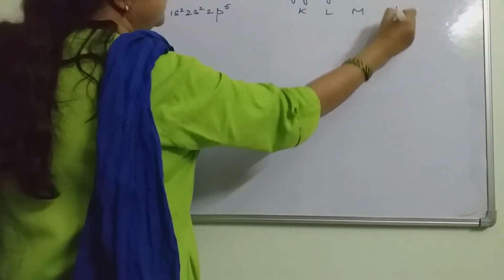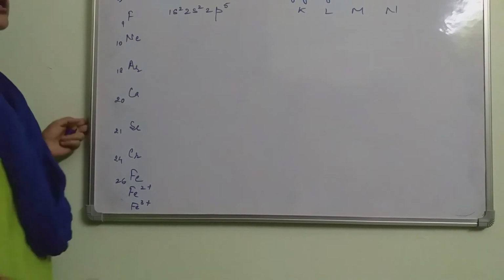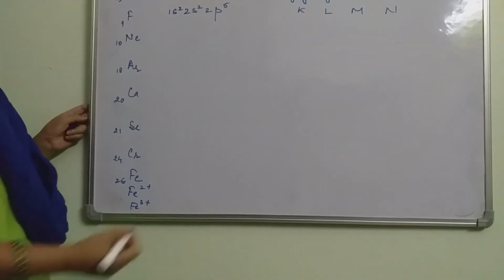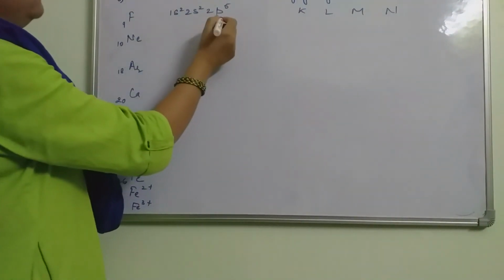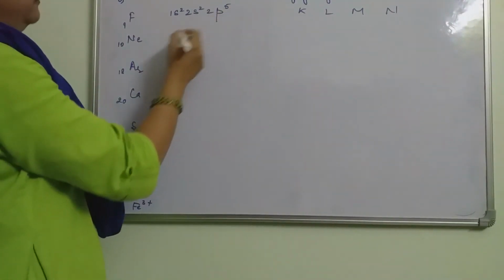You know the KLMN configuration very well, as we studied it in the lower classes. So the electronic configuration of fluorine is 1s2, 2s2, 2p5.